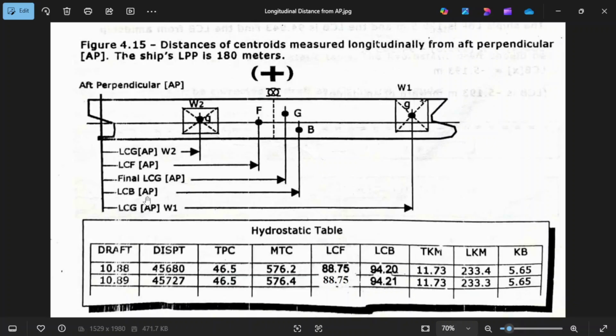Your LCG of weight number 1 is from the aft perpendicular going to the center of the weight. Okay, take note of TPC, MTC, LCF, LCB are all positive. There's no negative sign because all measured from aft going forward are positive. I hope that's clear. Okay, so now let's proceed.